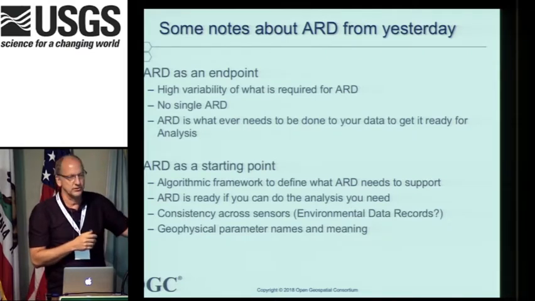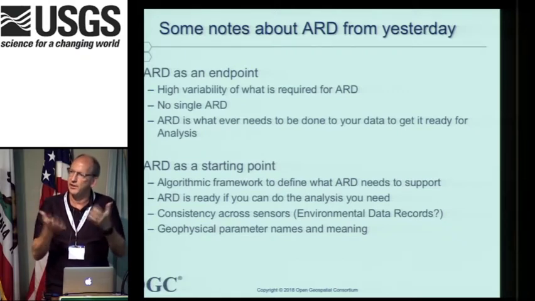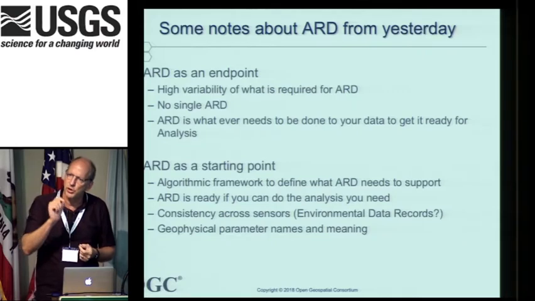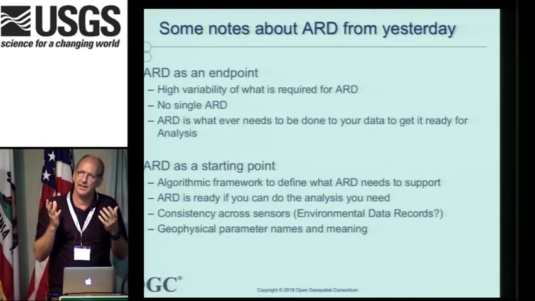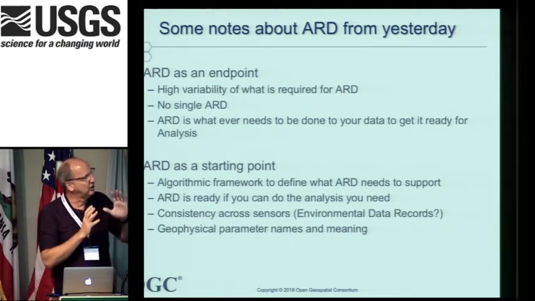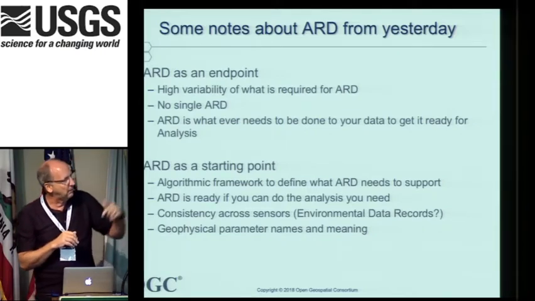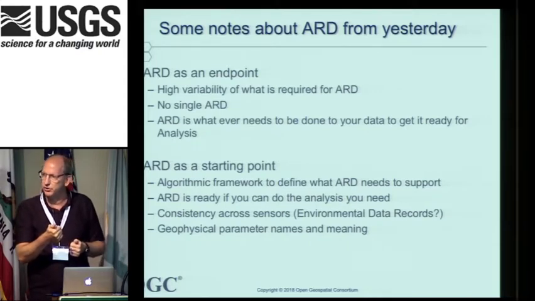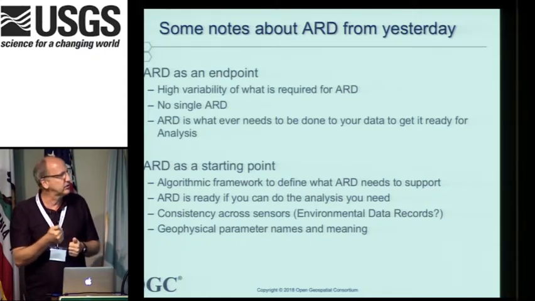The other side of it is as a starting point. Oh, you got ARD? What can I do with that? What are the analytics that I can actually now perform on that ARD? If it's analysis ready data, what analytics were you thinking of that I could process on that, right? So ARD from that point of view is more about what is the query language or otherwise that you put on the analytics.